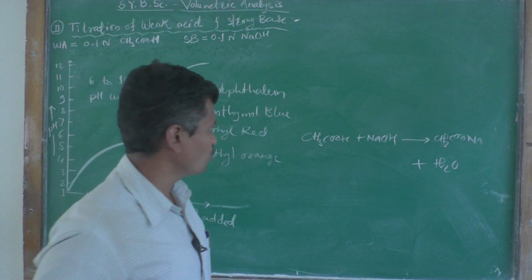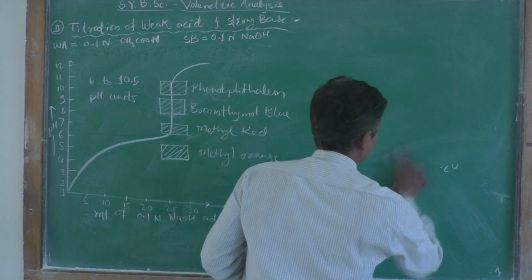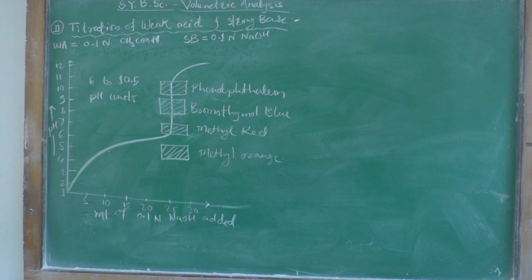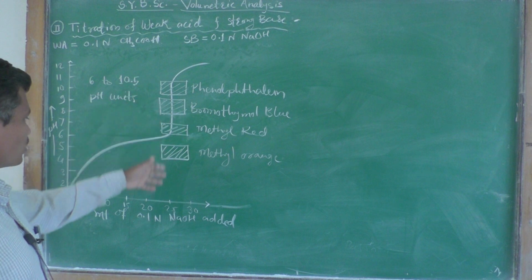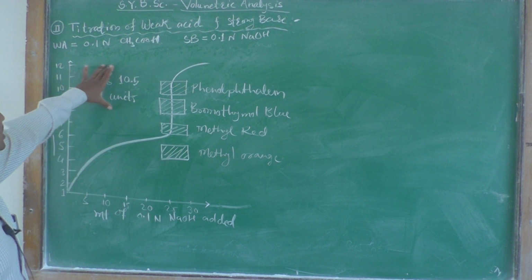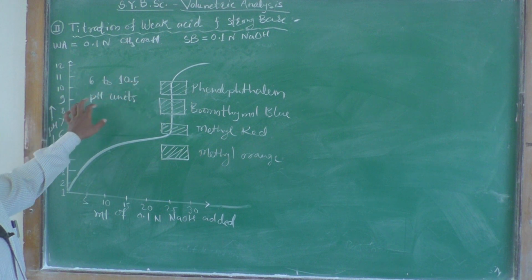Now we have to see the characteristics of this graph. At the start of this titration, the pH is around about 2 to 3 units, and the equivalence point of this titration is around 6 to 10.5 pH units.